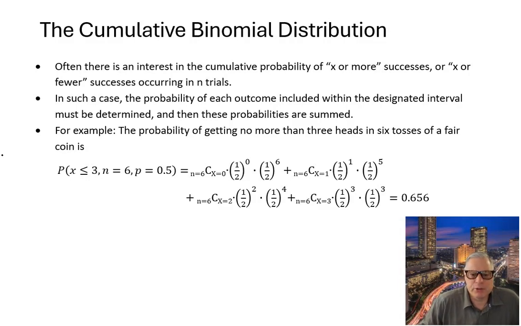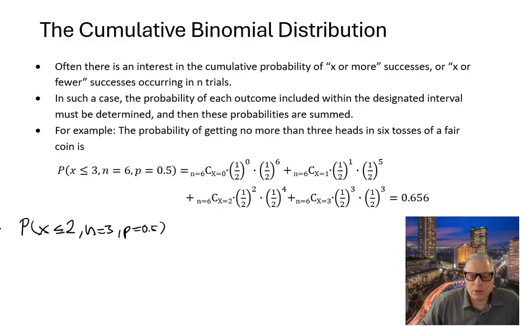So before we go into this example, let's quickly stay with the example of the previous scenario of the 3 girls. And let's say we want to know what's the probability of having cumulatively up to 2 girls in n equals 3 trials when the success probability is still 0.5.